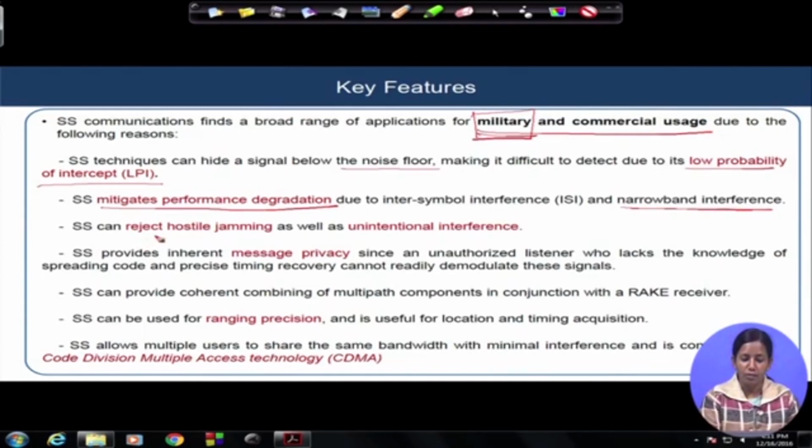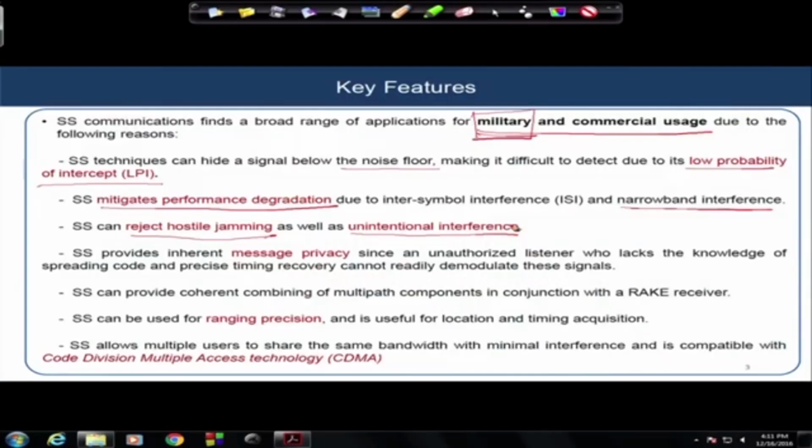It also rejects hostile jamming and unintentional interference, maybe interference coming from other networks who are unknowingly causing interference, or somebody intentionally trying to send high power in your transmission frequency band to jam you and disturb your communication. So it rejects both the intentional jamming and the unintentional interference.